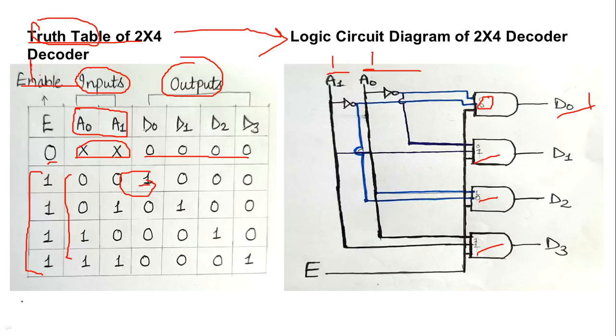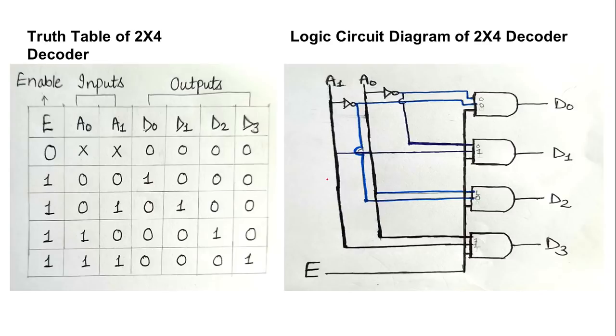Because ultimately, the circuit will be operational in real time whenever it is handed over to the user, right? So what will happen? The user will directly get the input values here. The user will not follow any particular rule and regulation. So in that case, when the user will function it, the enable should be turned on.